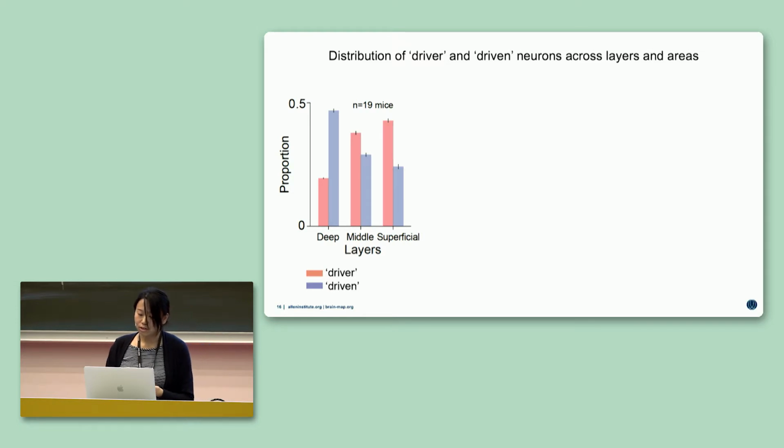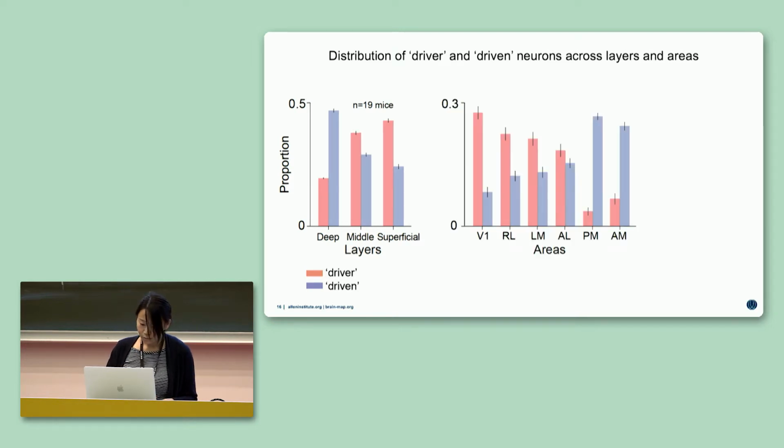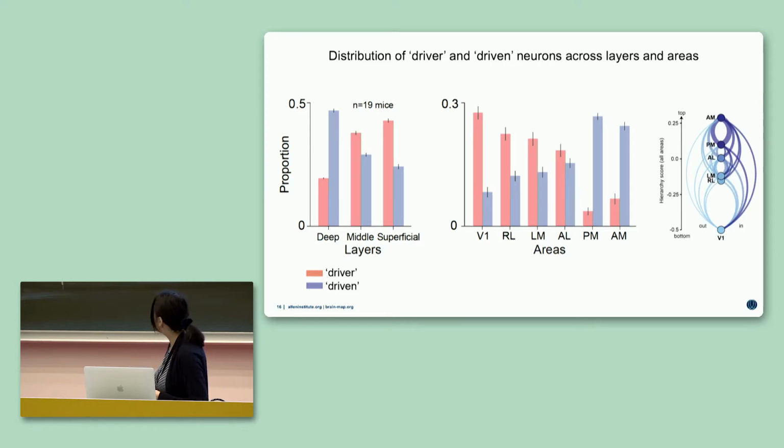The driver neurons are more biased to reside in superficial and middle layers, while driven neurons are more in the deep layers. More interestingly, their proportion also changed as a function of the anatomical hierarchy, with driver neurons decreasing along the hierarchy, while driven neurons increase along the hierarchy.